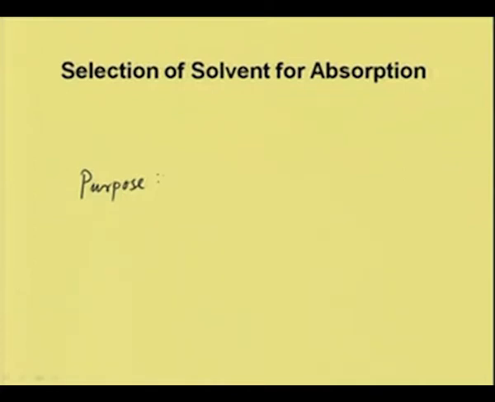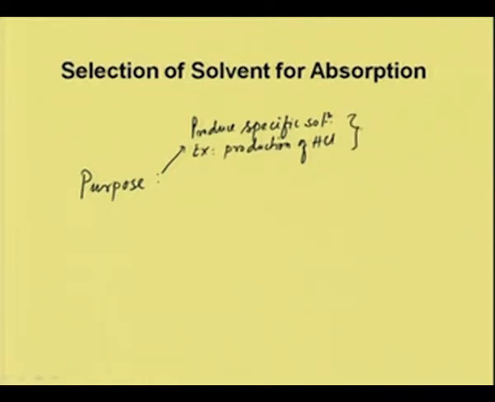So, if the purpose is to produce a specific solution, for example, production of HCl, hydrochloric acid, then the solvent is specified by the nature of the product.